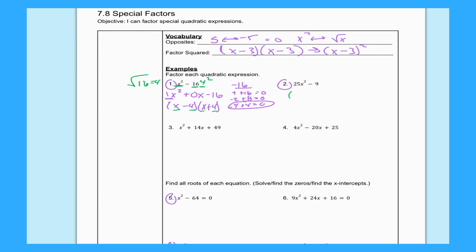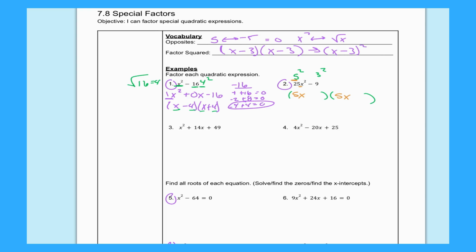So let's use the shortcut so we can make sense of that over here on number 2. I can get my parentheses ready. The square root of 25 is 5, so that's 5 squared. The square root of 9 is 3, so that's 3 squared. So we can start with our beginning numbers. We have a 5 and an x in the front of each here.